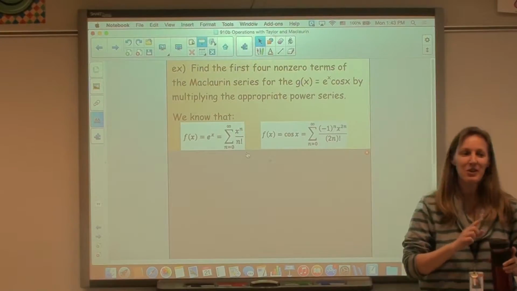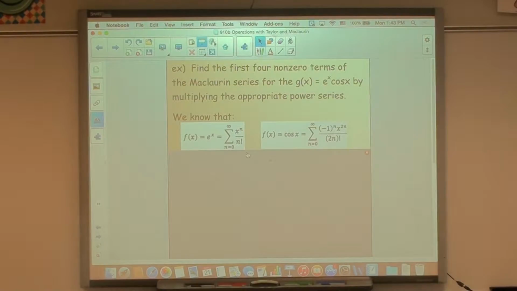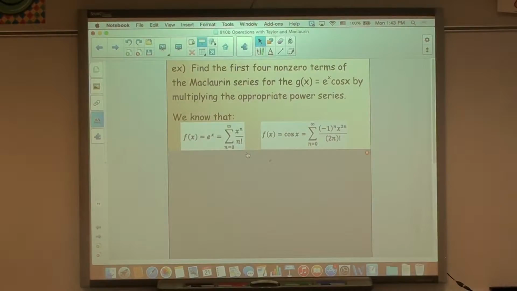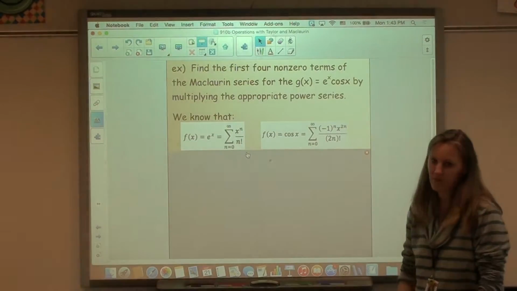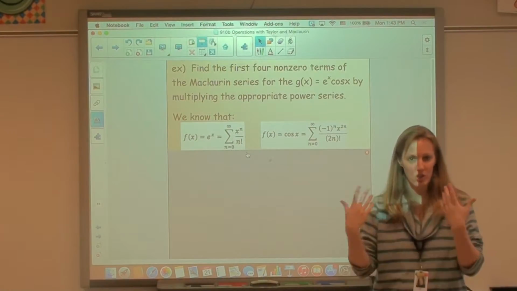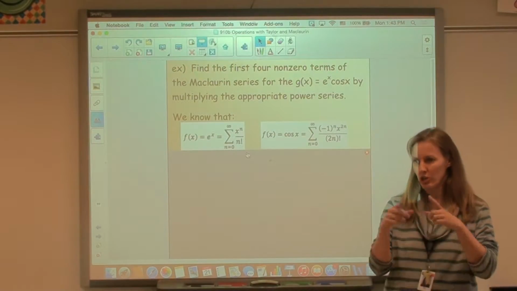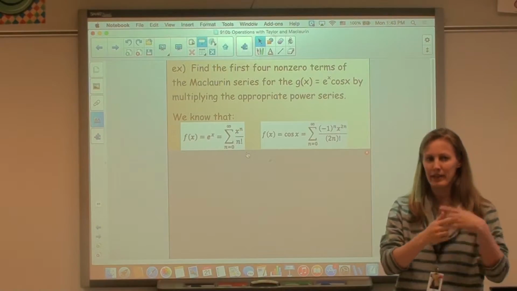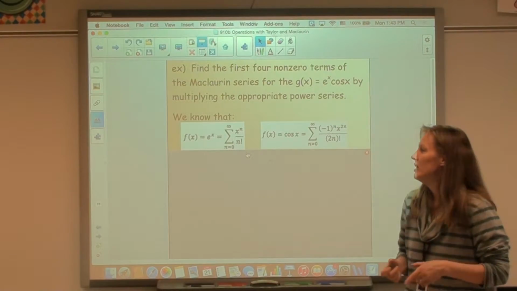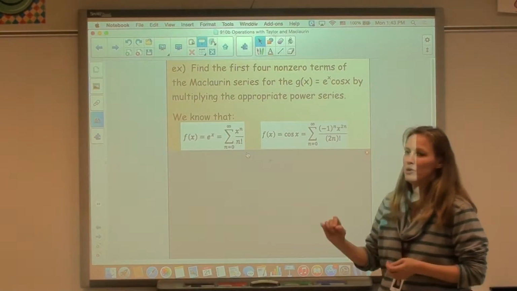Obviously we can't distribute all the terms. So instead, we're going to distribute 4 or 5 from each polynomial. So we'll end up with between 16 and 20 terms that we have to combine, because you have to combine like terms, right?